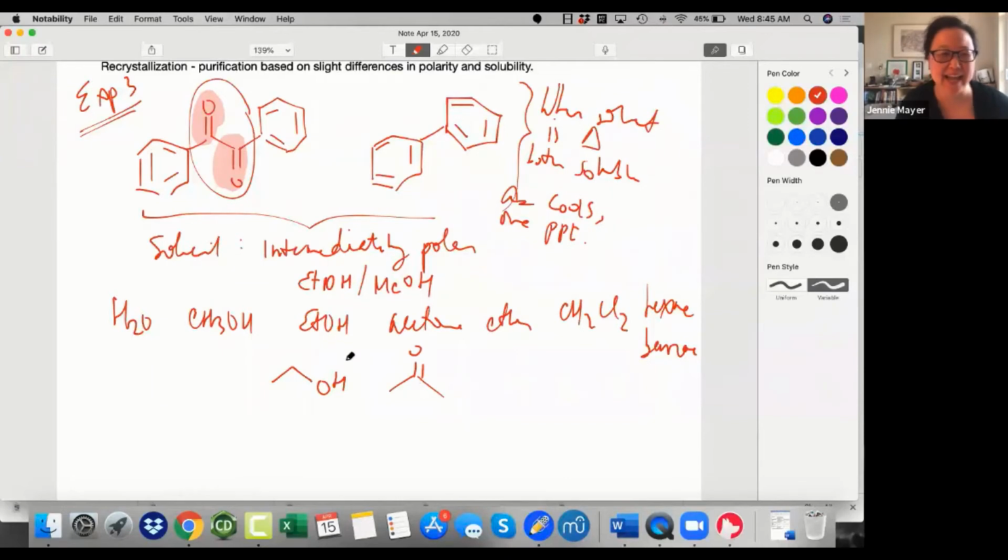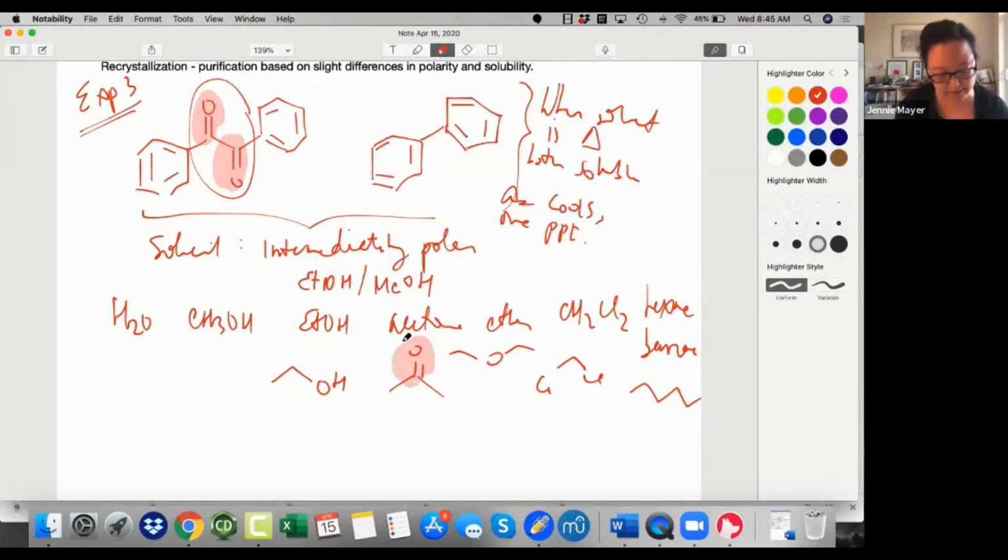All right, so I'm drawing the structure so that you can see, as you look at these guys, the polarities changing. And if I'm trying to match the polarity of this, oh my goodness, this might be a good candidate, right?